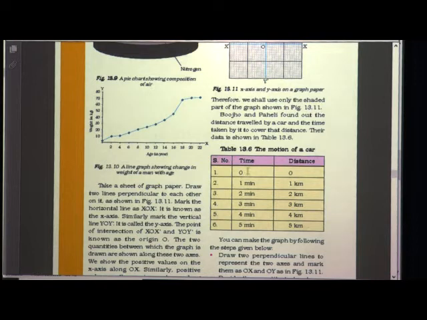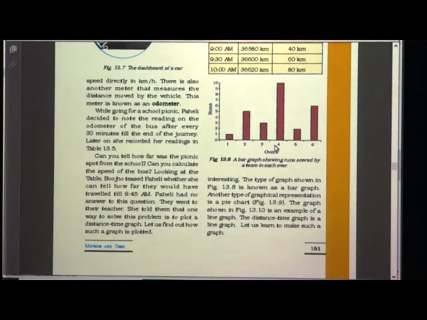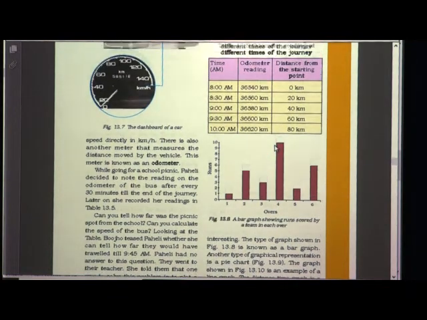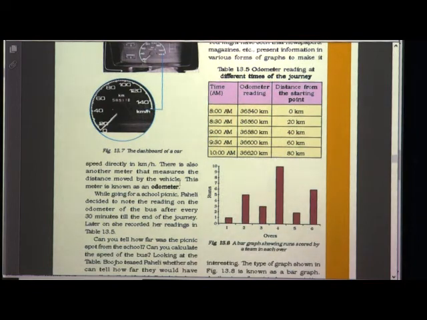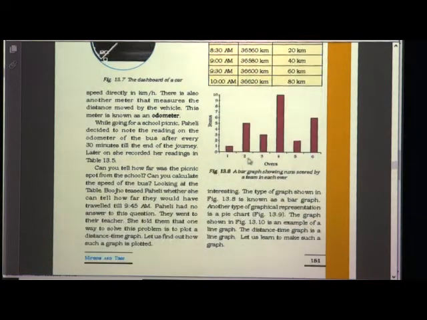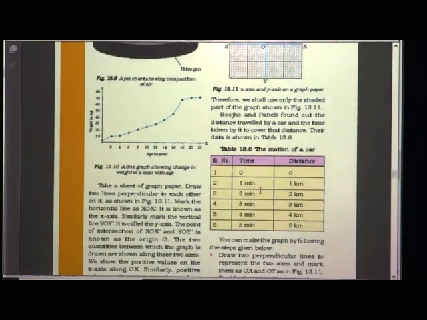So, for bus or for car, whatever speed is given, that is a constant speed. So, by this 13.5 and by 13.6 you will get a graph which will come in a straight line.